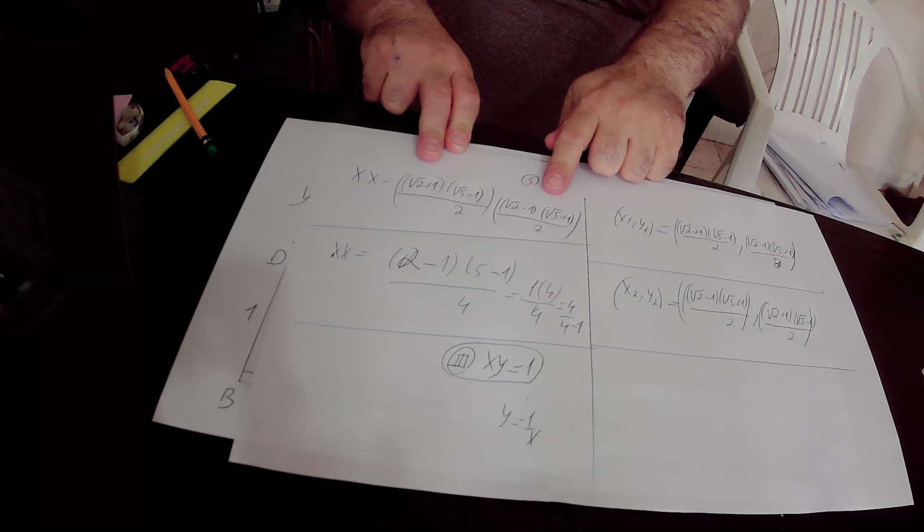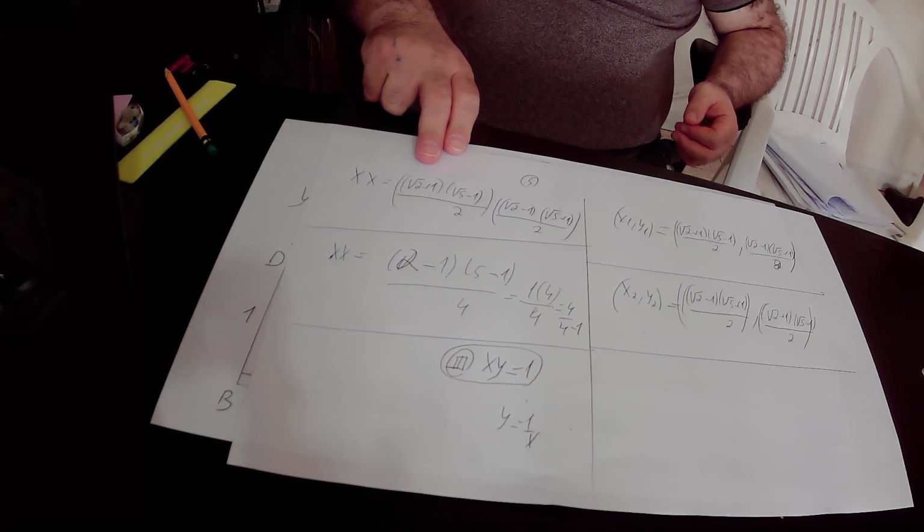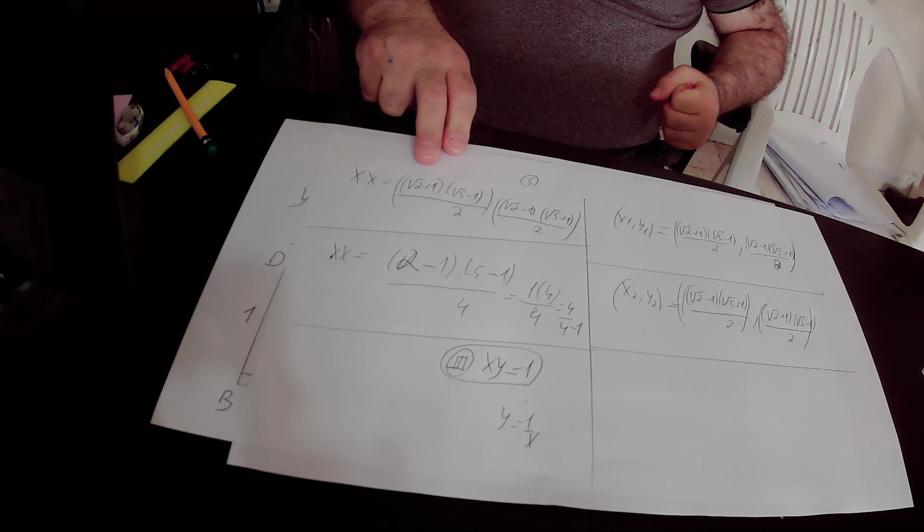Because it is square root of 2 plus 1 times square root of 2 minus 1, it is very similar to the algebraic identity that a plus b times a minus b equals a squared minus b squared. A is square root of 2, so a squared is 2, minus b squared, b is 1, so 1 squared is 1.